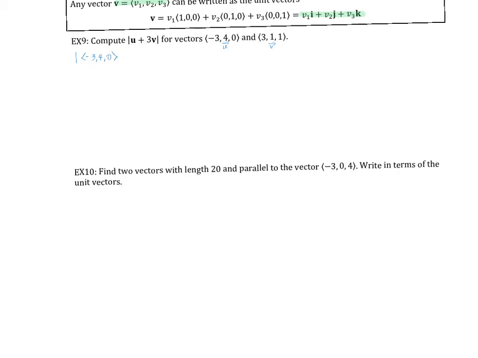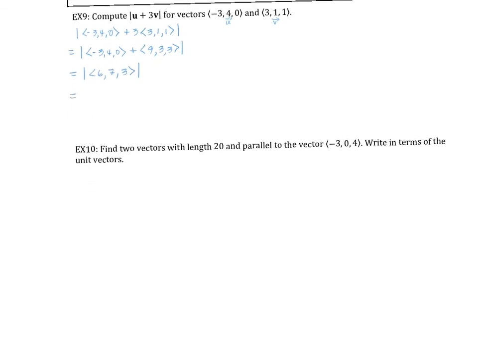So u is ⟨-3, 4, 0⟩ plus 3 times v, which is ⟨3, 1, 1⟩. That gives me the vector ⟨-3, 4, 0⟩ plus ⟨9, 3, 3⟩, and adding these two vectors together, I get ⟨6, 7, 3⟩.